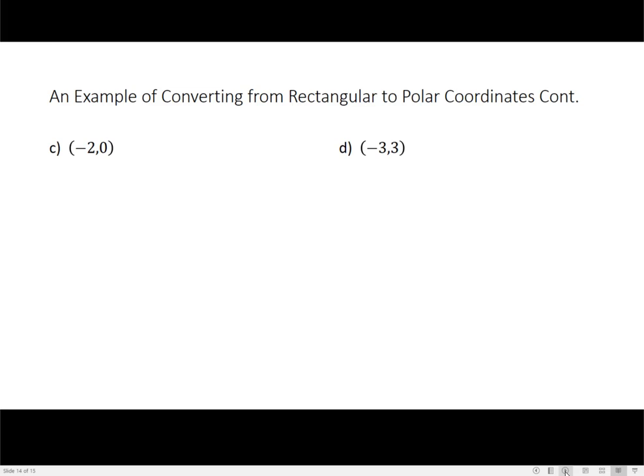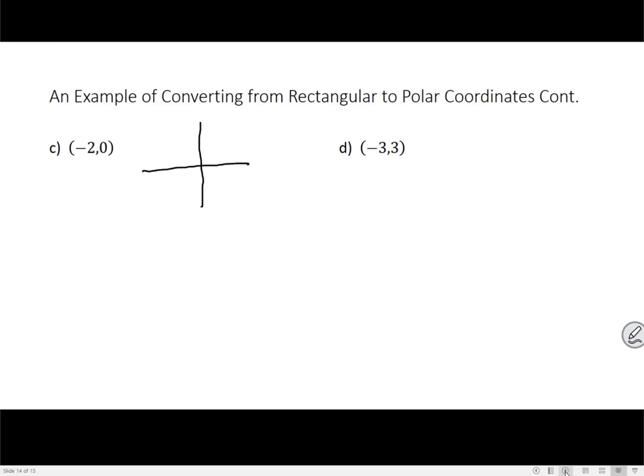Alright, so now example, converting from rectangular to polar coordinates continued. So now I have x equals -2 and y is 0, so the point -2, 0. Again, sometimes it is helpful to plot your points, even if you already know what quadrant you're in.